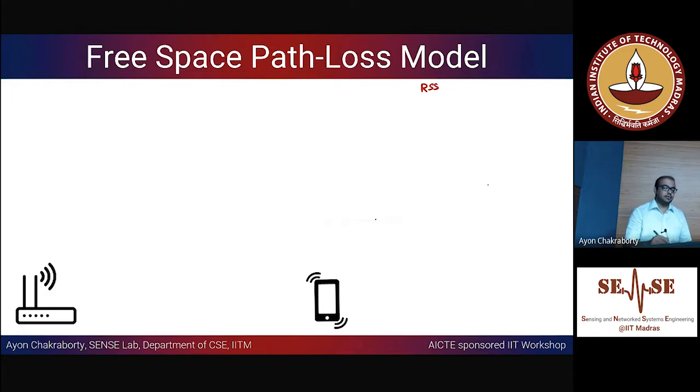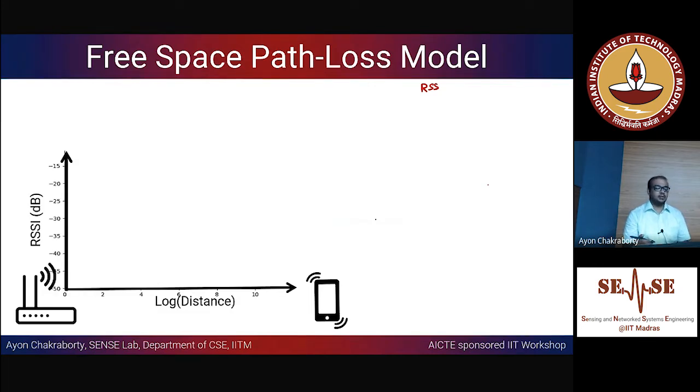Okay, so here an access point is shown on the left hand side. This is a Wi-Fi access point, and in the middle I show the smartphone that has the Wi-Fi interface. With distance, the RSS, I won't say RSSI. RSSI is an indicator which could be mapped from, let's say, 0 to 100.